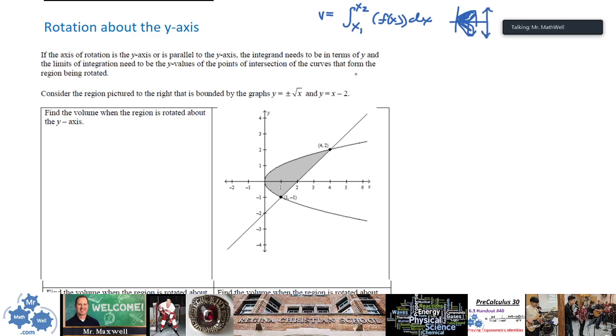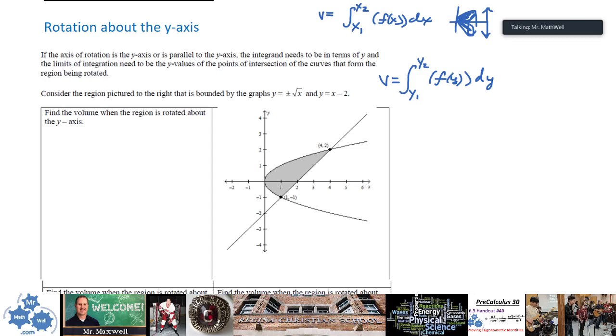Now what we're doing is finding the volume by integrating from y1 to y2. Everything's inverse, and we're going to do f of y dy. So we're going to use the same process, but we have to invert everything, so we go the opposite way or perpendicular.